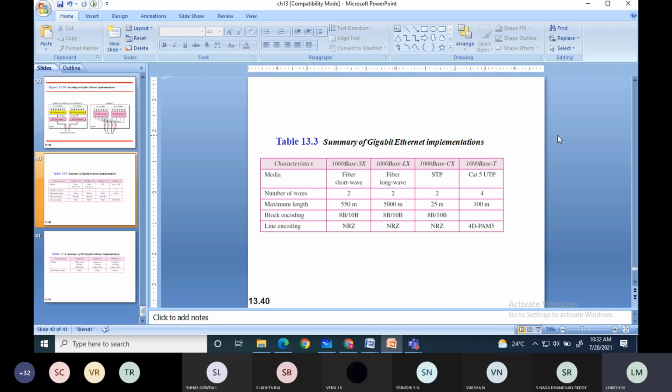And for encoding techniques, the block encoding is 8B/10B for 1000BASE-LX, and 8B/10B is also used at 1000BASE-SX and CX. All use 8B/10B, but there is no block encoding at 1000BASE-T, the Cat 5 cable, which doesn't perform any block encoding.